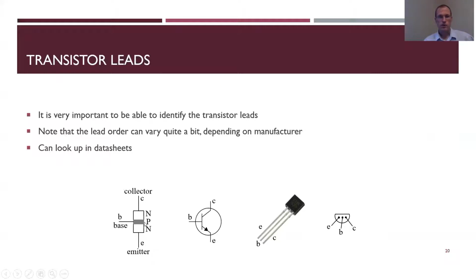As I said, the base is always the one in the middle. For NPN, it's the one connected to the P-type semiconductor. So therefore, B is usually the middle one. And then emitter and collector depend on what side you're on. Usually, this is the orientation, with the flat side up, emitter is usually on the left, collector is usually on the right. But make sure that's the same one you have.